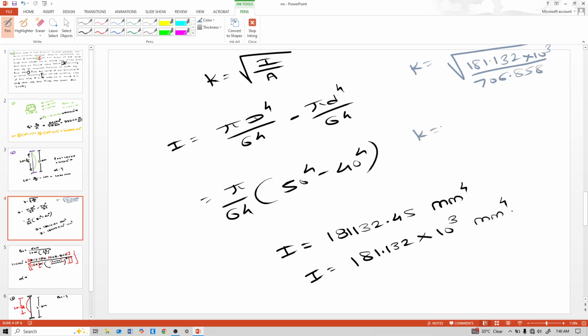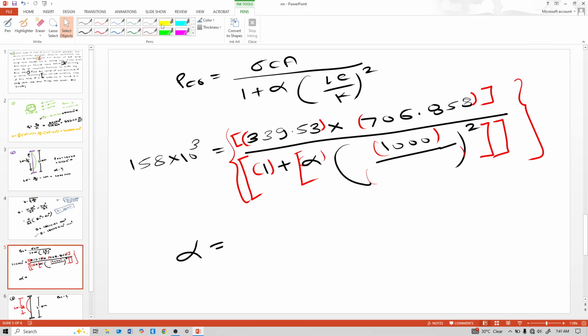So calculate K, under root of that. It is 16 mm. K is 16 mm. Last time we directly put this I in place of K, so that was wrong. So now use K as 16. Now solve it again in the engineering calculator.